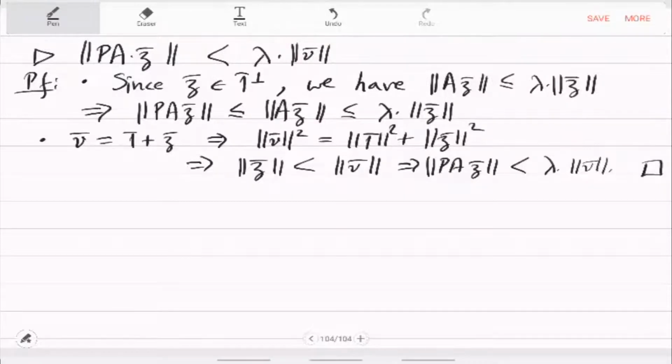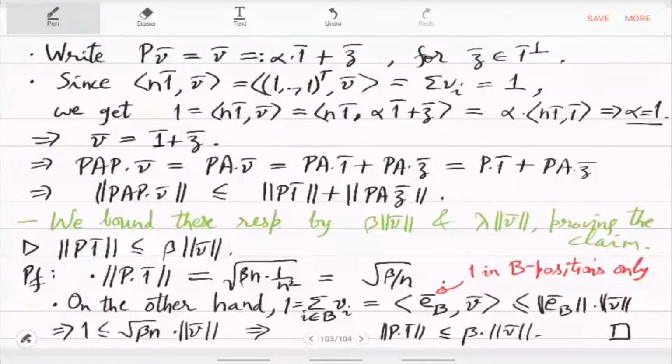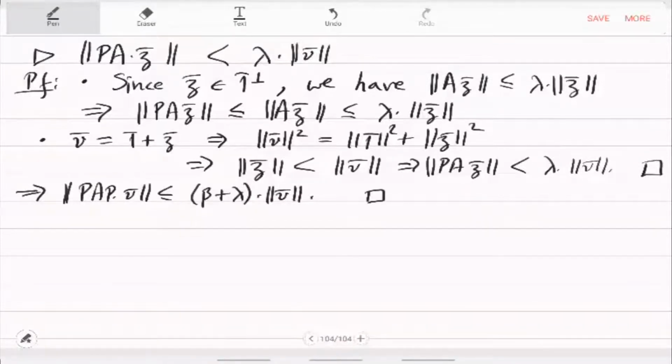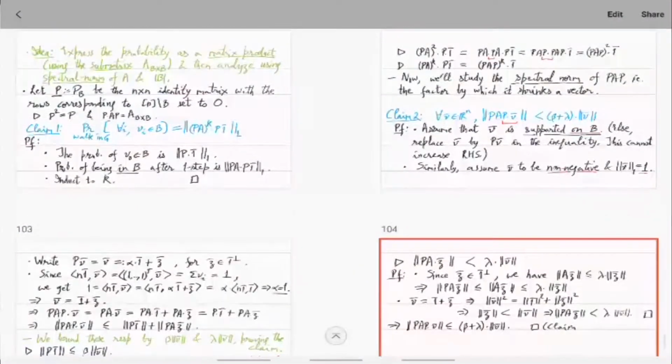Okay, and from both these small observations, what you have learnt is that PAP V bar is smaller than beta plus lambda V bar. Okay, this proves the claim. The claim 2 basically.